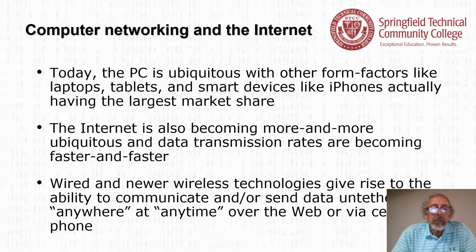If you've got cable TV, cable modems, it turns out 200 megabits per second is more or less a standard at this point in time. And of course, you can get upwards of a gigabit per second if you so desire. Wired and newer wireless technologies give rise to the ability to communicate and/or send data untethered anywhere at any time over the web or by cell phone.